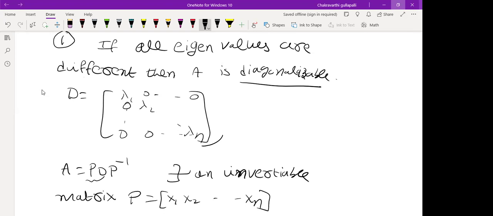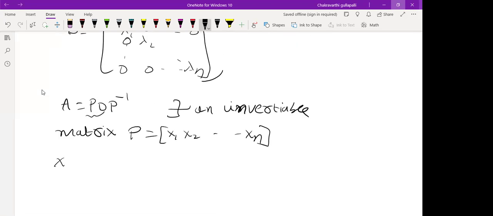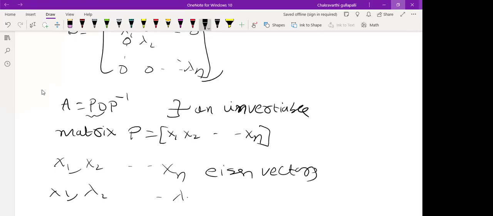What are x1, x2, xn? They are the eigenvectors corresponding to lambda 1, lambda 2, lambda n. That is, x1 corresponds to lambda 1, x2 corresponds to lambda 2, and so on. They are the eigenvectors corresponding to these different eigenvalues.